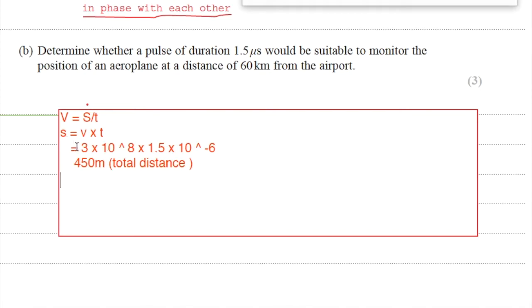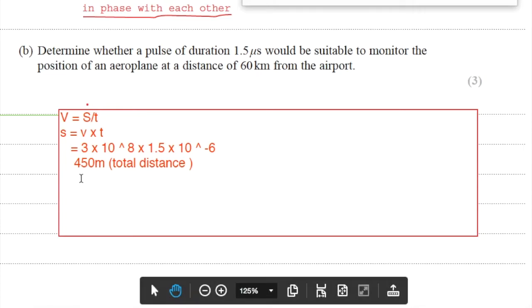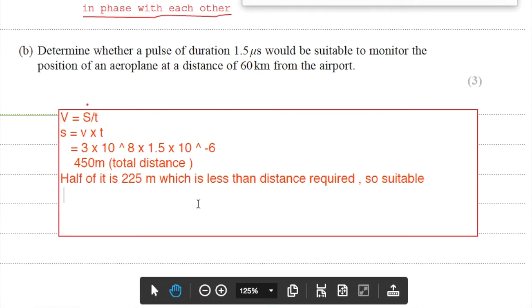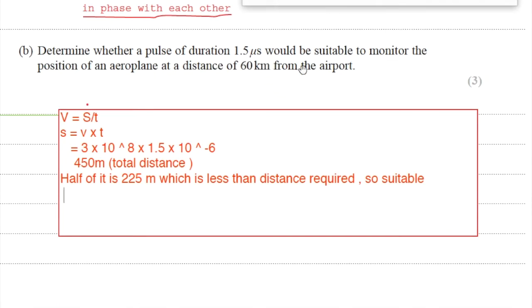Distance will be velocity multiplied by the time taken. As I said, 10 to the power of negative 6 you have to substitute. You get 450 meters. What's this? This is the total distance to travel back and forth. So half the distance would be 225 meters, which is much less than the distance that is required. Hence, it is suitable, right?